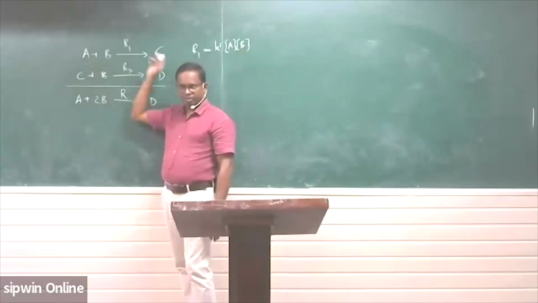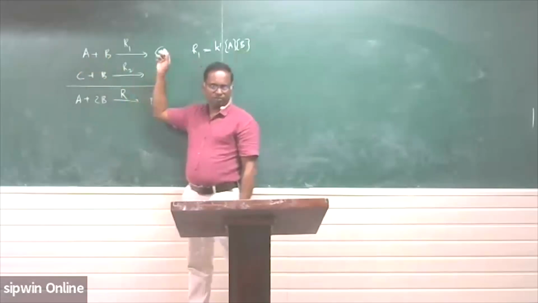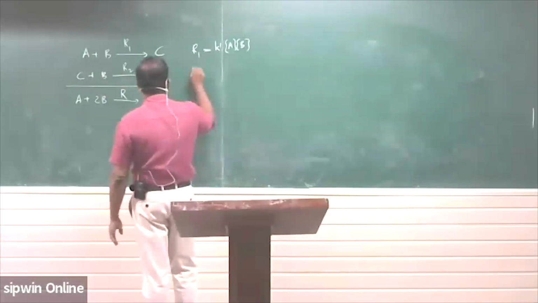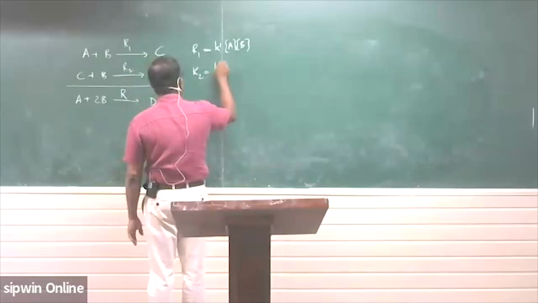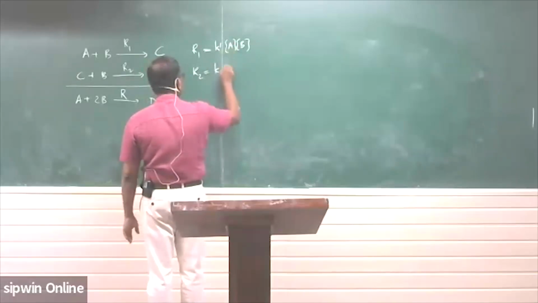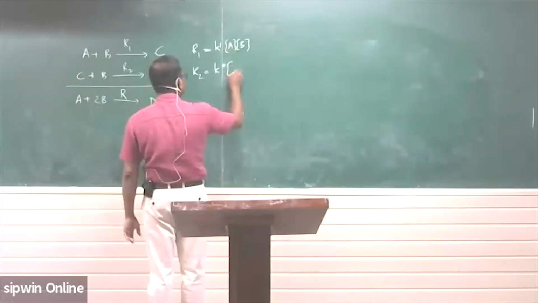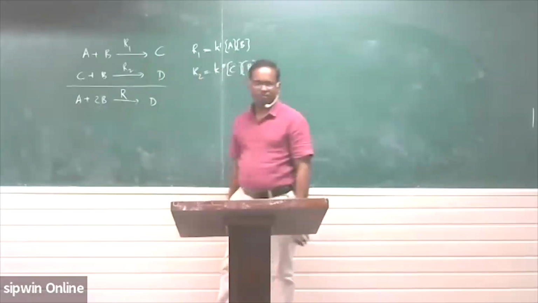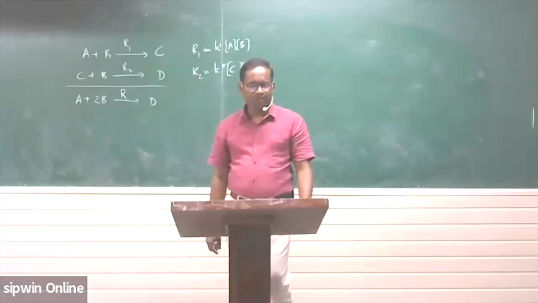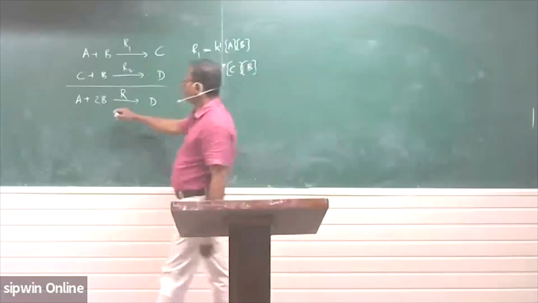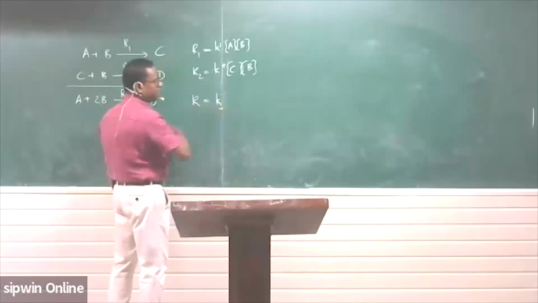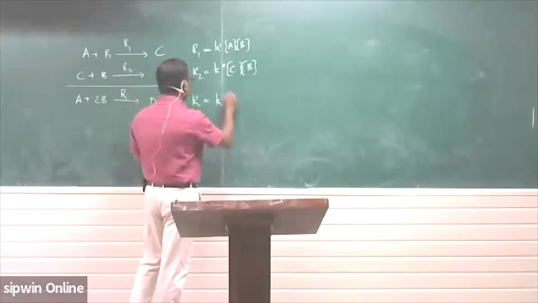Because this one is an elementary reaction, for that one I can write the rate law. This one, R2, equals K double dash, a different constant here, times C concentration times B concentration.